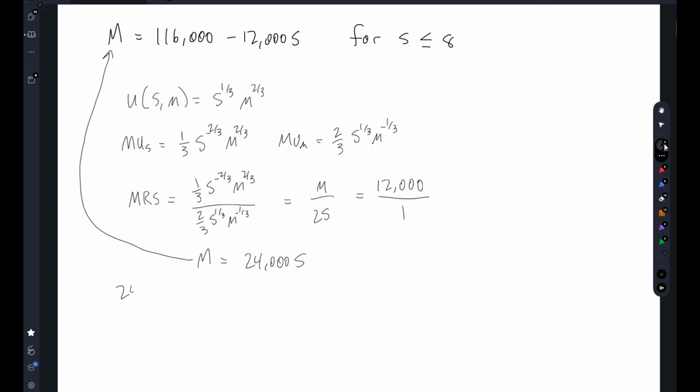So we get 24,000 S equals 116,000 minus 12,000 S, and we're going to solve for S. So I'll add 12,000 S to both sides. We have 36,000 S over here. And then divide both sides by 36,000 to solve for S.